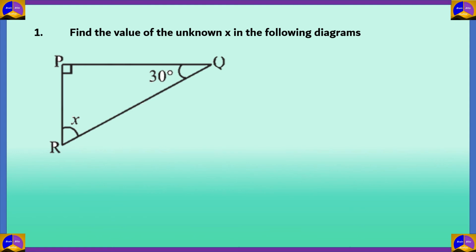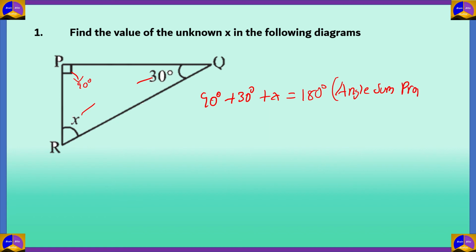Next question. In this question, let's look at the interior angles. We have 30 degrees, x, and 90 degrees. Right angle, 90 degrees. So 90 degrees plus 30 degrees plus x would be equal to 180 degrees. Reason: angle sum property.